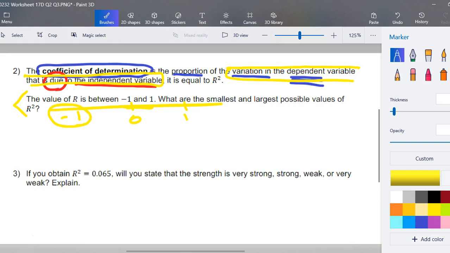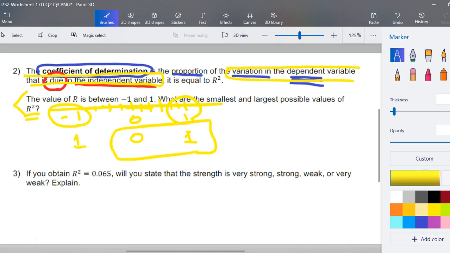The lowest value would be -1. If we squared it, we would get a 1. Well, the highest value is a 1. If we square that, we get a 1. So then if we play with any of the pieces and parts in between and square them, we're going to notice that they keep going down, down, down, down to 0, and 0 squared is 0.